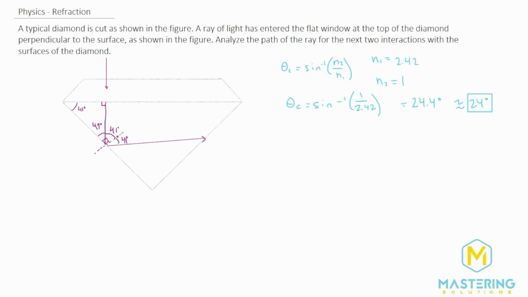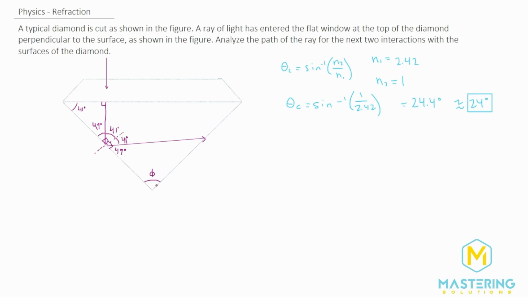Here we have 41 and another 90, so same thing, this is also going to be 49 degrees. Now this one down here is not 90 degrees, so we don't know what these two angles are and we need to figure those out. So we need to solve for this angle right here. We'll say that's phi, just so we have a different symbol.